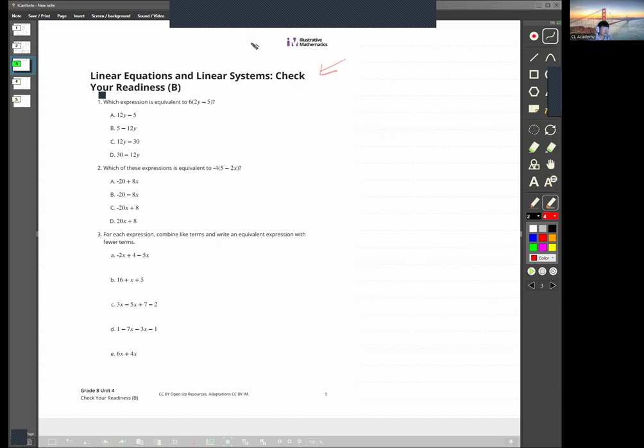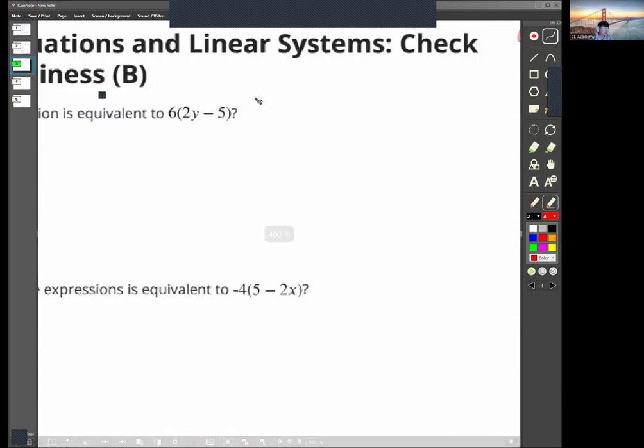Now, the first one: which expression is equivalent to 6(2y minus 5)? A number next to parentheses means that there is multiplication. So 6(2y minus 5) means 6 times (2y minus 5).